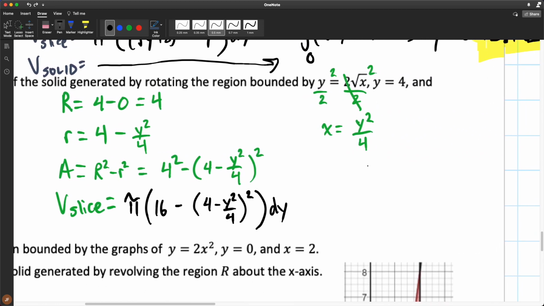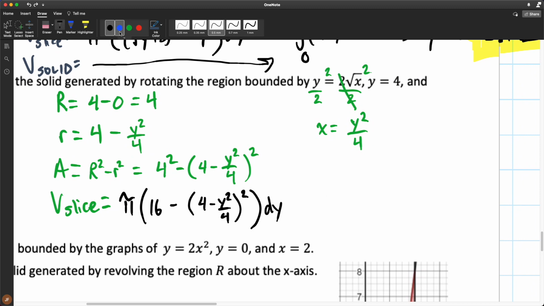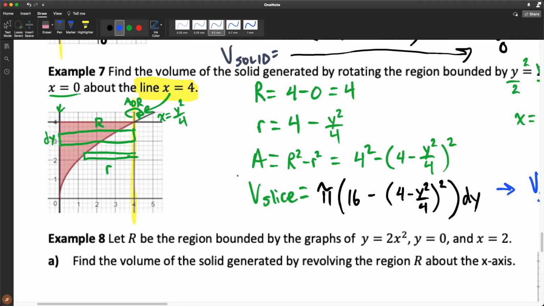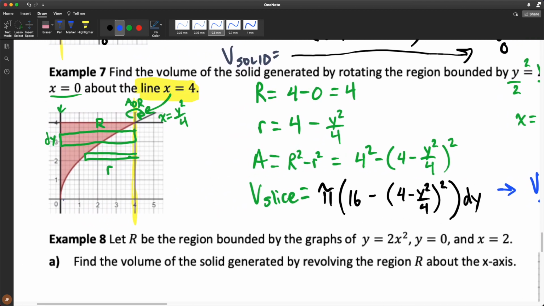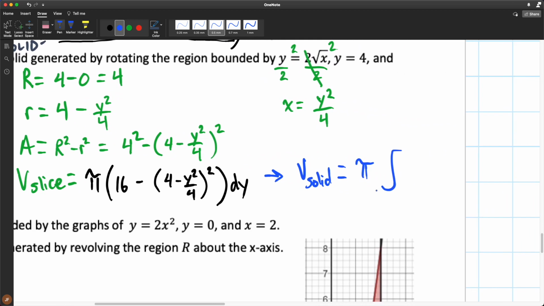All right, so let's find the volume of the whole shebang here. So volume of our solid. We've got pi times the integral. And what's our interval going to be? We're going from bottom to top. All right, so it's looking like 0 to 4. Let's see, this function is y squared over 4. So if we plugged in a 0, we would get 0. Yeah, so 0 to 4 is our c to d interval.